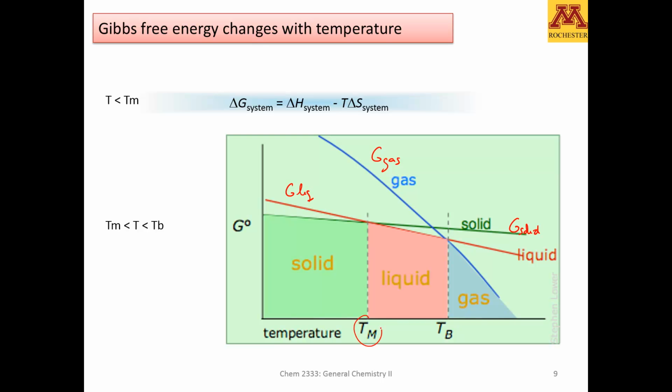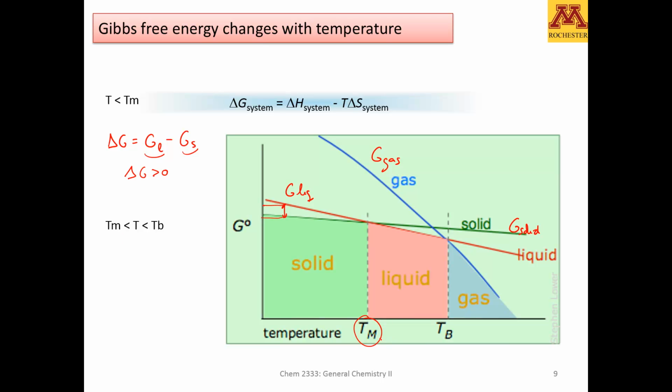At temperature below the melting point, your delta G, which is the G of final minus initial, that is the liquid minus the solid, well, the liquid is the red, so liquid is larger, the Gibbs free energy of the liquid is larger than the Gibbs free energy of the solid. This means that delta G is positive, the solid does not melt because this is not spontaneous.